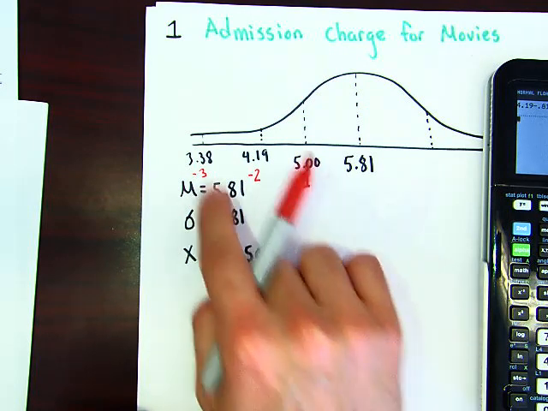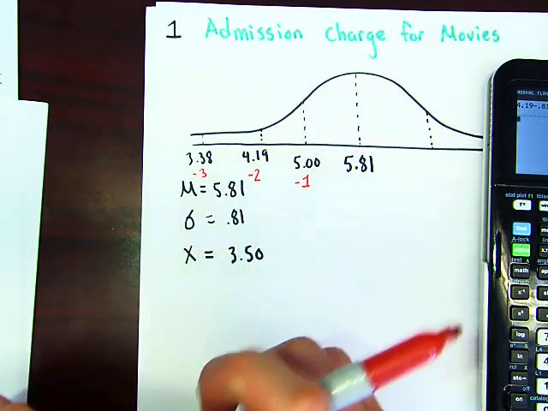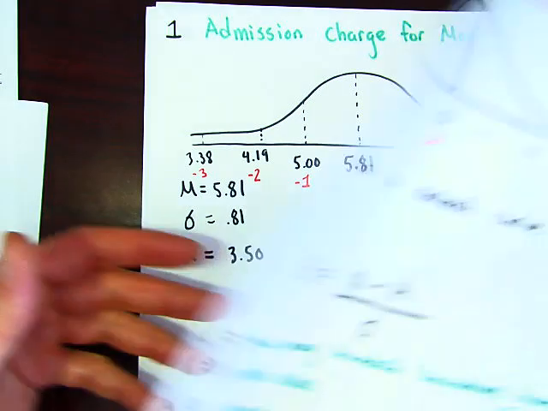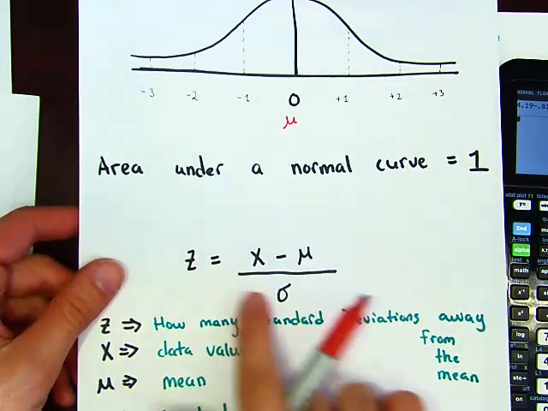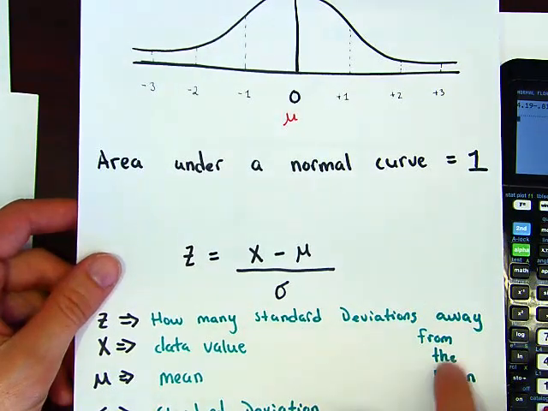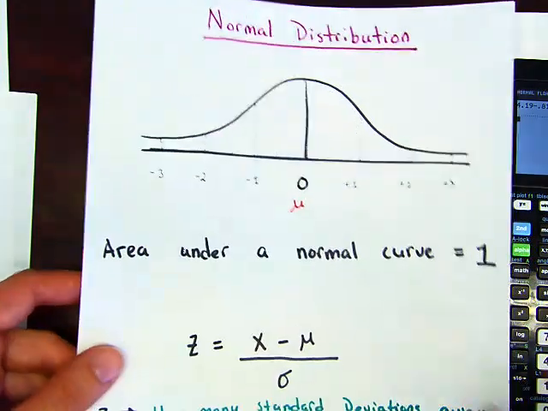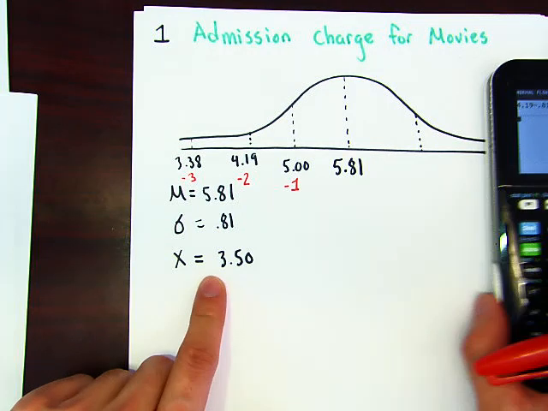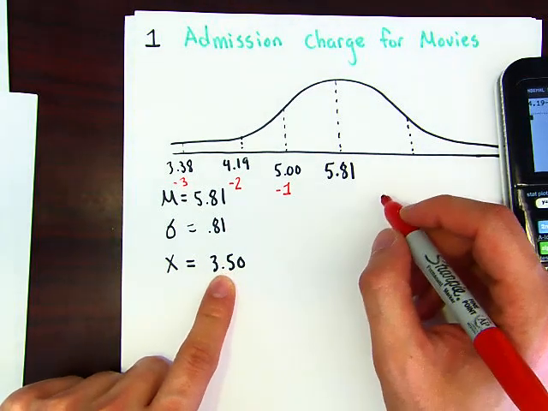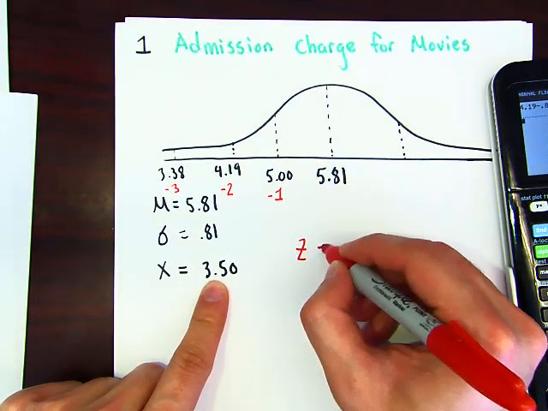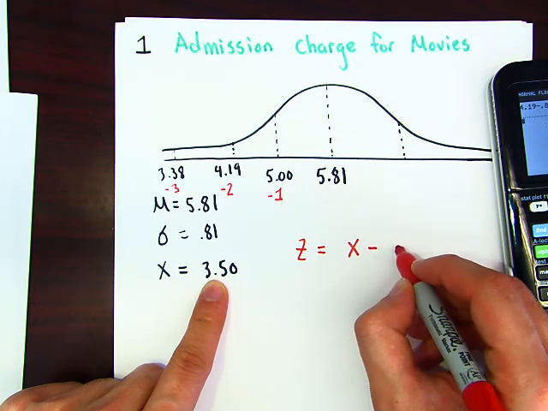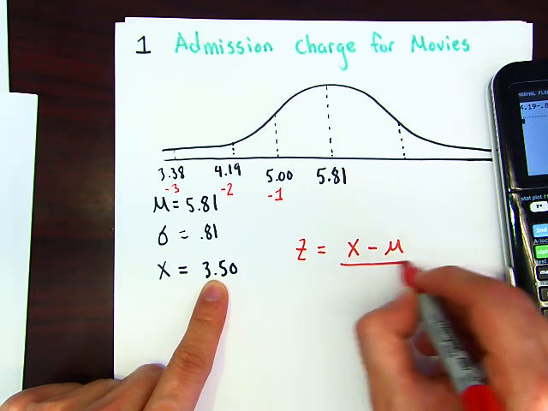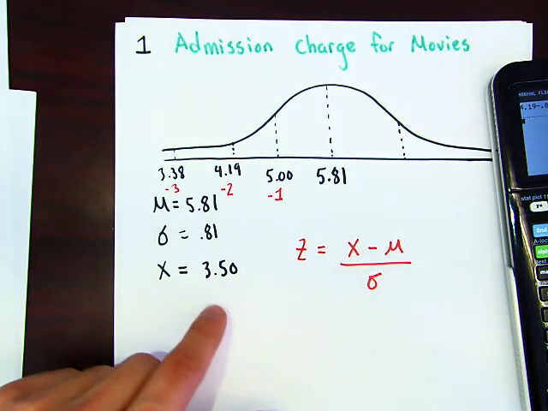Notice that we don't have 3.50 here. But what we can do is calculate the z-value, and this tells us how many standard deviations we are from the center. We have all the information. So what is the z-value for 3.50? We say z is equal to x minus mu over the standard deviation, and we have these three values.